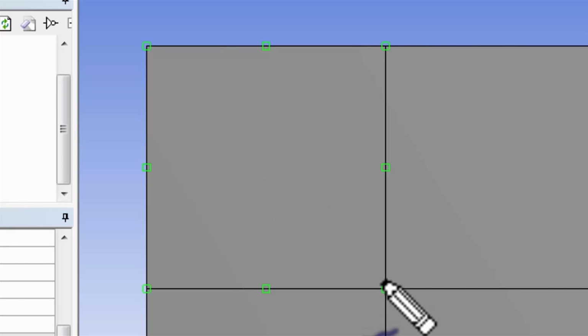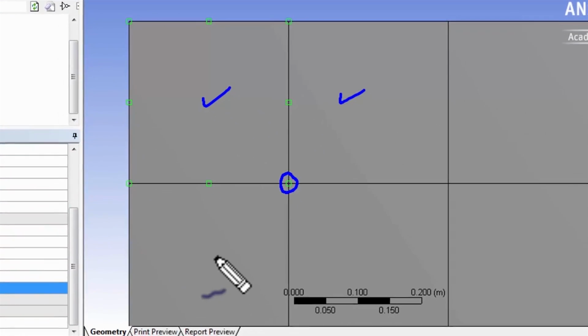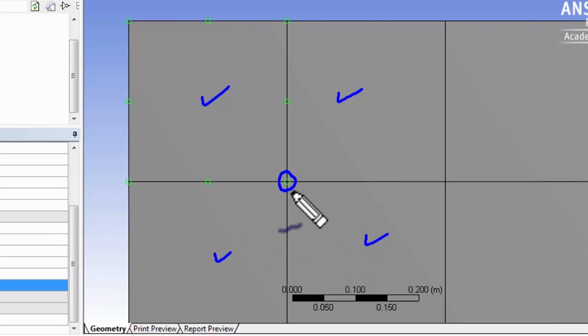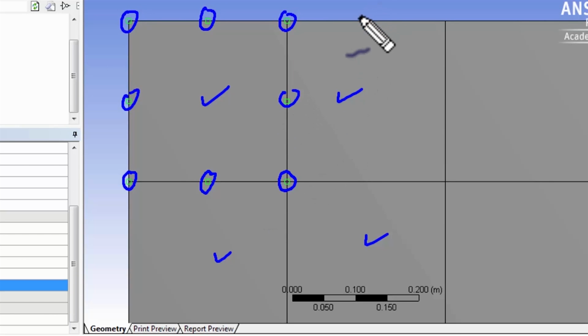So when it writes the algebraic equation at that node, you look at all the elements that are attached to that node, and then you look at all the nodes that are attached to each of those elements. So all these nodal temperatures will be involved in that algebraic equation.